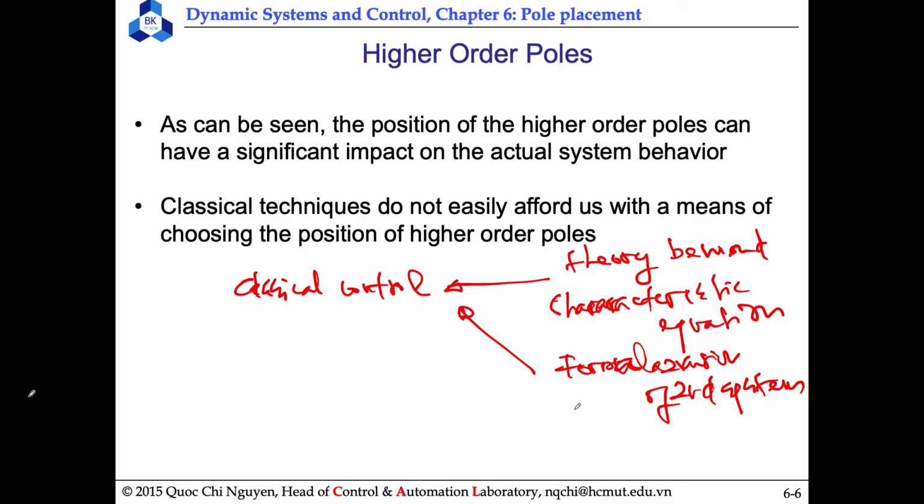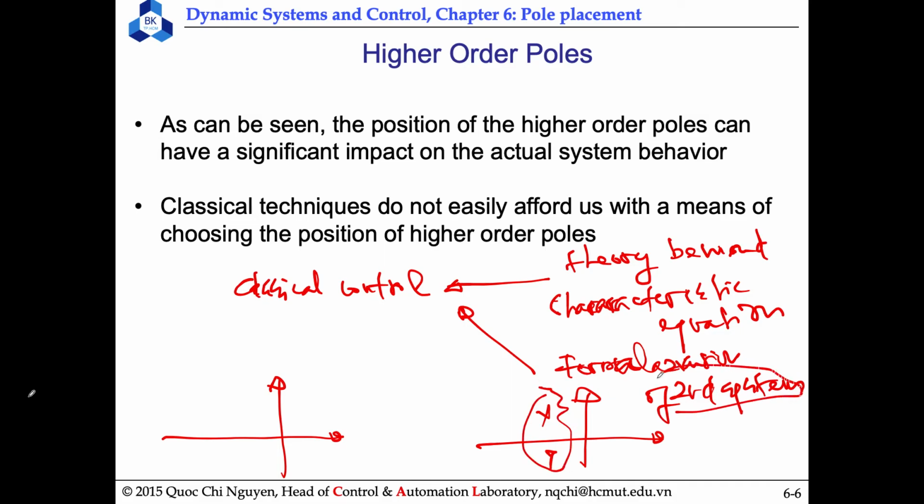Why can we make the control design based on the classical system? We consider a second order system.